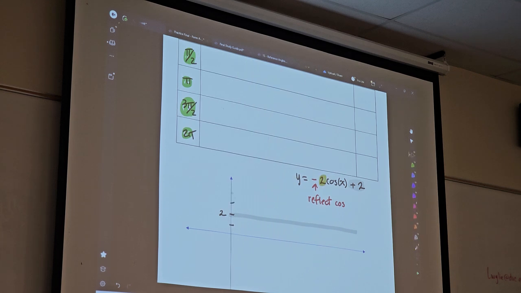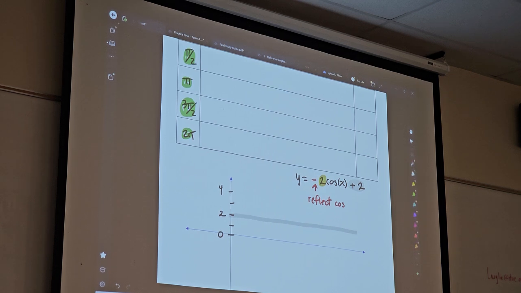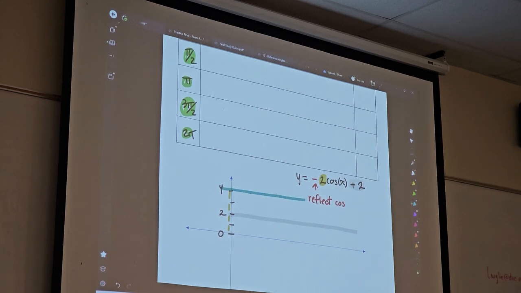Going up 2, 2 plus 2 gets me to 4, down 2 gets me to 0 for my min. Here you are at your max, and here's your minimum.